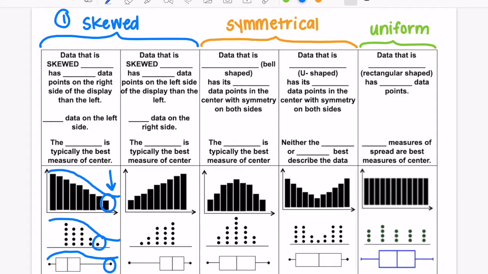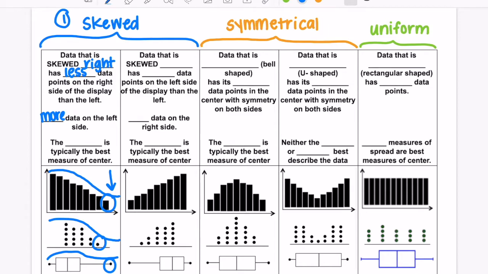So this data would be skewed right because it has less data on the right. That means most of the data is on the left, and it's offset by the little bit of data on the right. So it's skewed right.